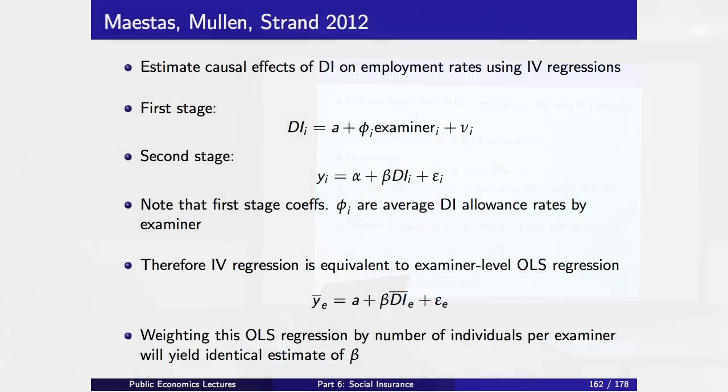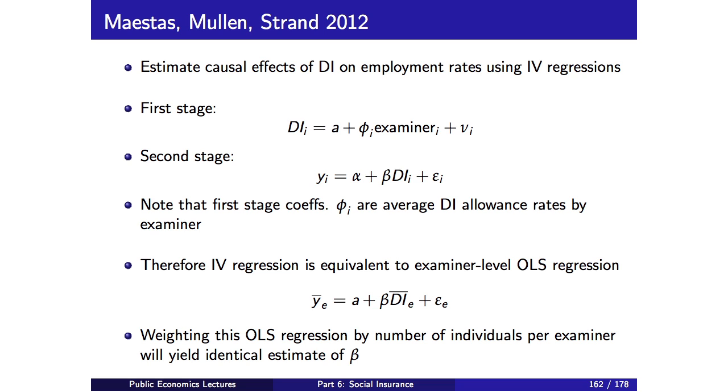Let's now talk about how you quantify the causal effect of obtaining DI on employment rates. So they use IV regressions, which they estimate with 2-stage least squares, in which the first stage looks like this. You regress each person's probability of getting DI on a dummy for which examiner they got.